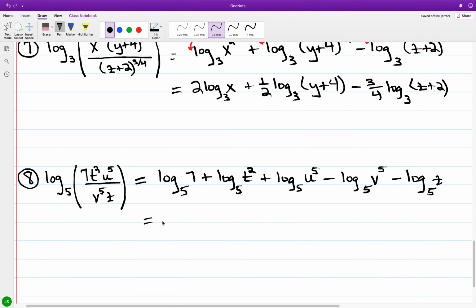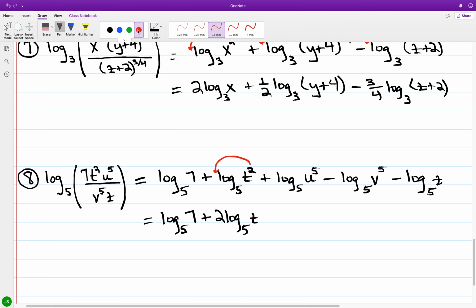The first term is already in simplified form, since 7 is neither a multiple nor an integer power of 5. As for the base 5 logarithm of t squared, the exponent becomes a coefficient, so we have plus 2 times the base 5 logarithm of t.